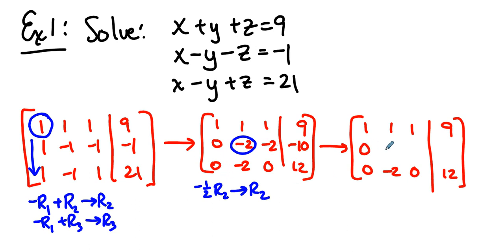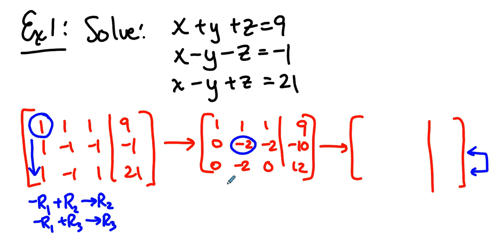Now, you may aptly wonder how we're going to get a 1 there, and that answer is going to come from, well, we're going to have to swap those rows at some point. Let's swap them now. Let's swap row 2 and row 3.